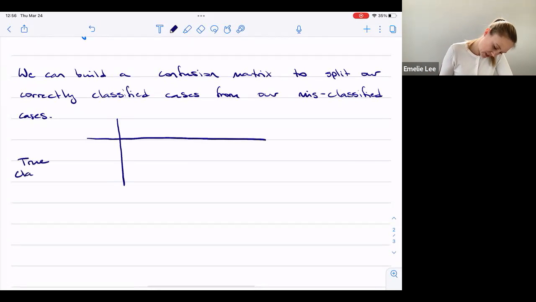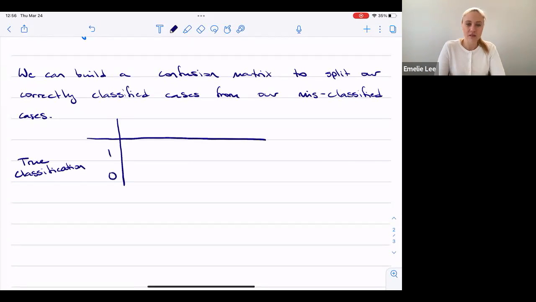The true classification. Let's put 1s and 0s, right? So that's truly what's going on. If we knew what was going on, then we wouldn't need a model, right? We're trying to build a model so that we can apply it to information where we actually don't know the classification.